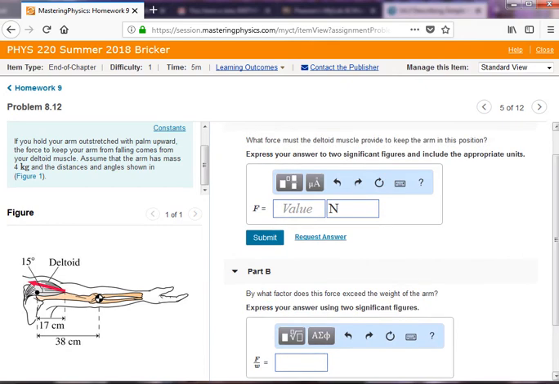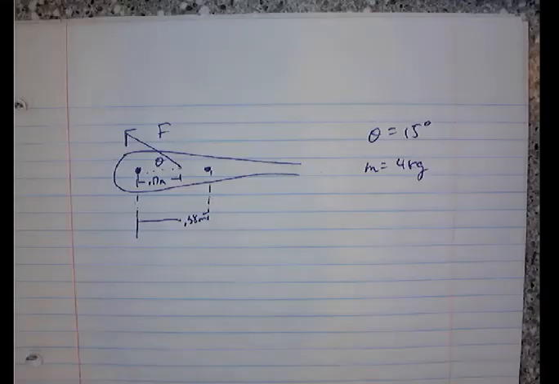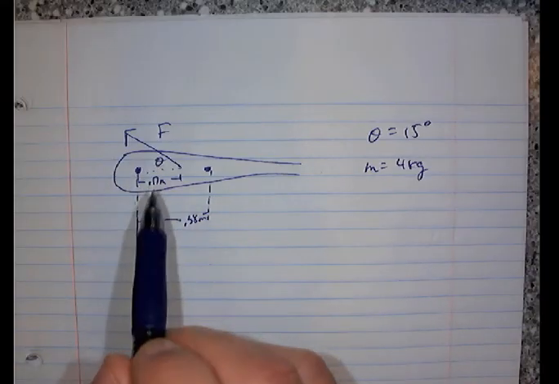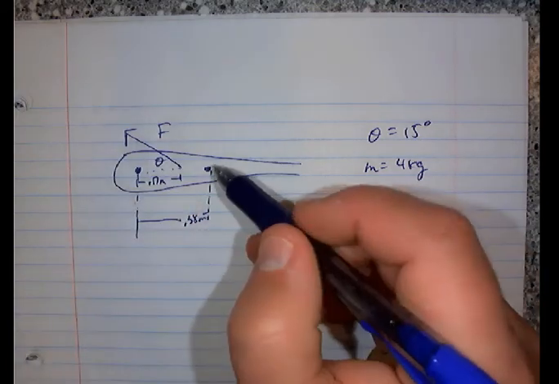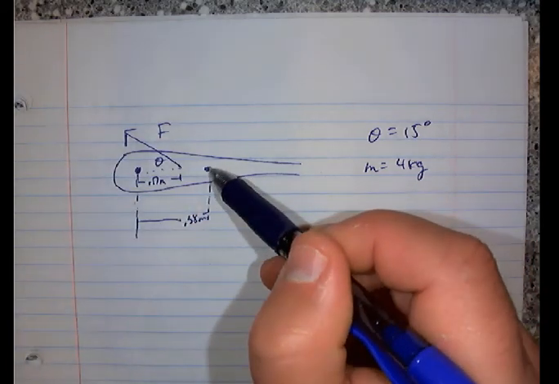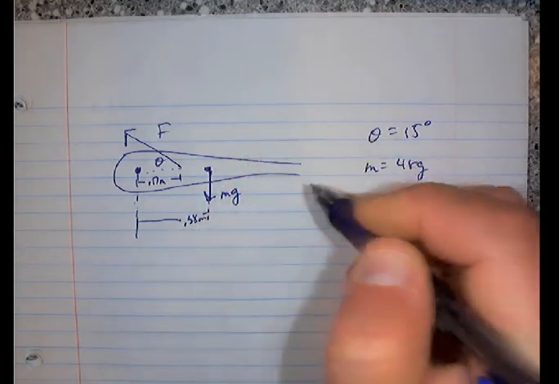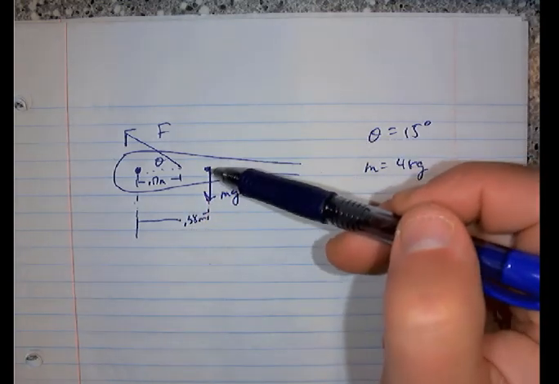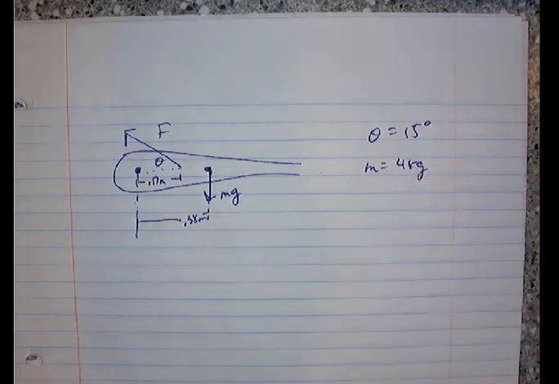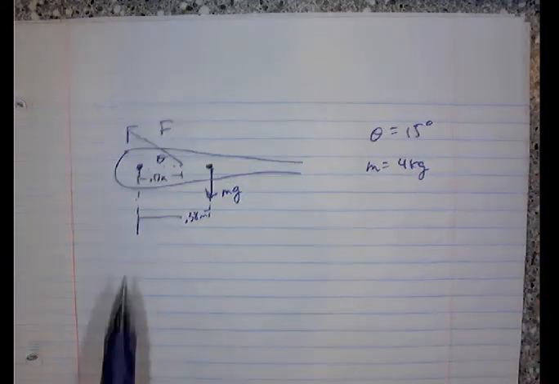Okay, so as I said, it's key to have a good picture, so let's take a look at that. Okay, so here's the arm. Here's the actual center of gravity of the arm, so this is where mg is acting. So if you hold your arm out, center of gravity, this is the force on the arm pulling it down.